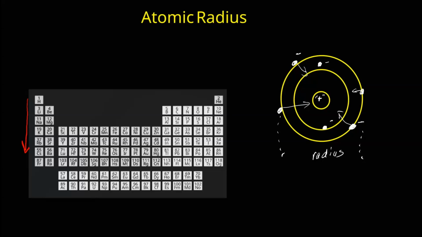If I go across, we decrease in size because the effective nuclear charge is increasing, pulling the electrons closer in. So it increases going down, decreases going to the right. Now, usually we do not include the noble gases here, because noble gases don't usually form bonds, but the trend still holds true.